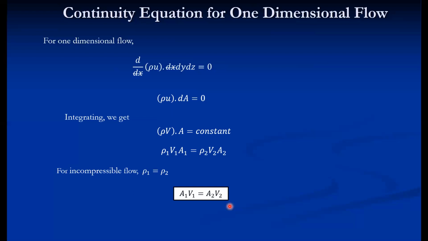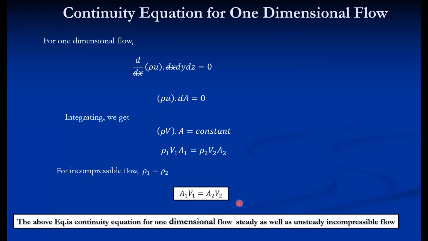And in most fluid mechanics problems, we are dealing with only incompressible flow. So we use this equation many times in coming topics, especially in fluid dynamics, flow through pipes, and so on, in order to calculate either velocities or discharge. A1 v1 is called the discharge, area into velocity, in meter cube per second.